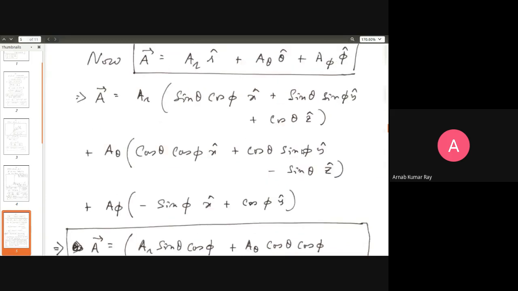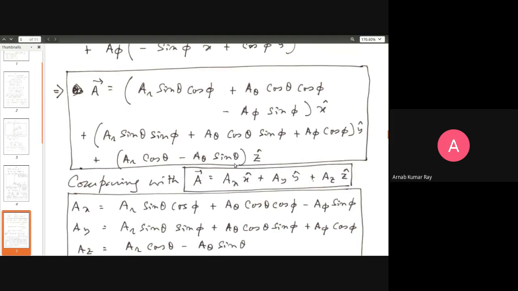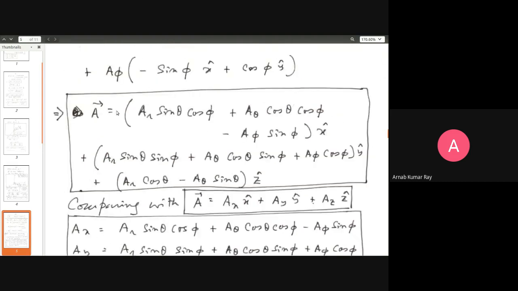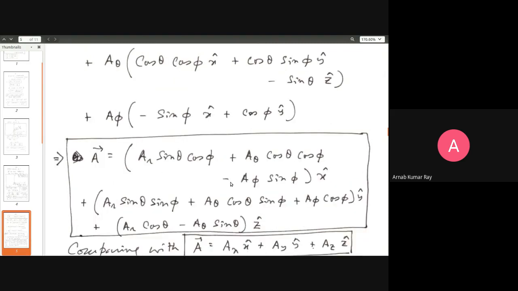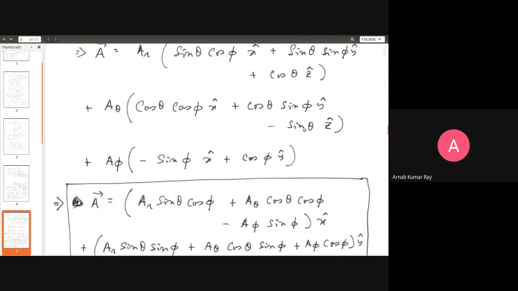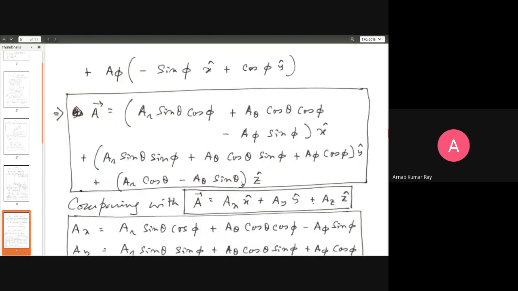And for the z-axis, the z component, you have cos theta z cap minus sine theta z cap. There is no contribution to the z component from A phi. And so you just have A_r cos theta minus A theta sine theta. So that's what you have.